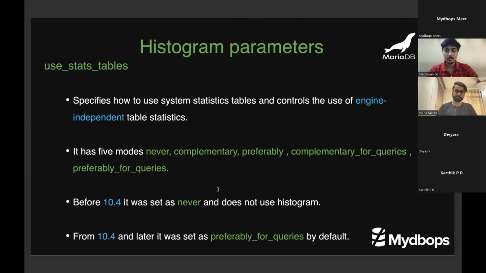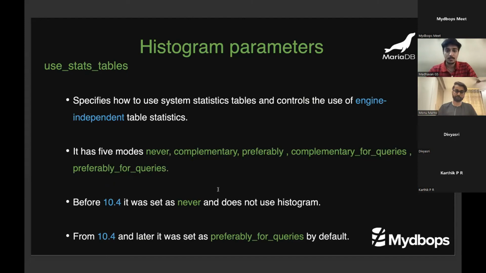It has five values. Never means it will never use any statistics for framing the execution plan. Complementary means it will use the statistics from those tables if the data is not available from the storage engine statistics.